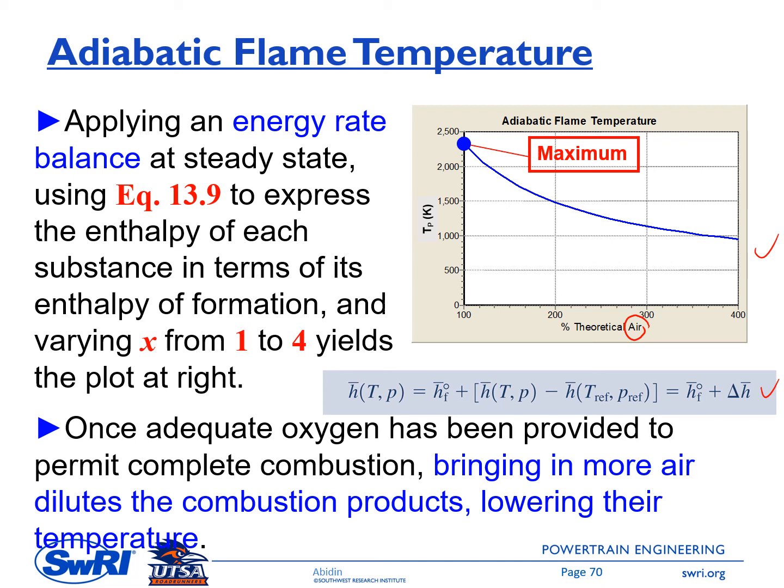Once adequate oxygen has been provided to permit complete combustion, so it means stoichiometric combustion, bringing in more air dilutes the combustion products, lowering their temperature. We use this method to lower the flame temperature, and by having a lower flame temperature, we'll have less NOx emission. So we use this strategy in combustion to reduce NOx emission.